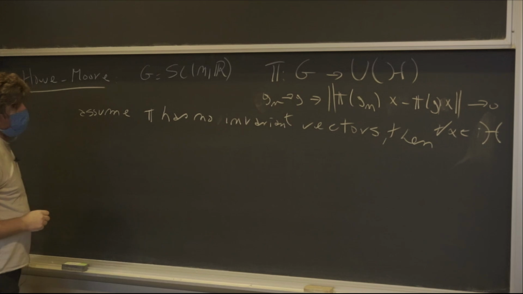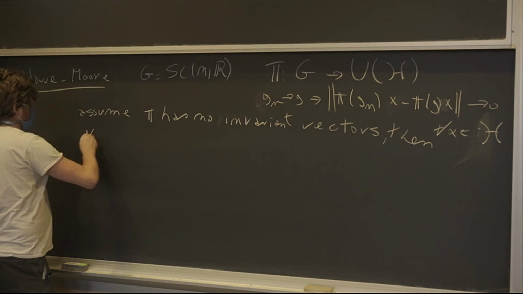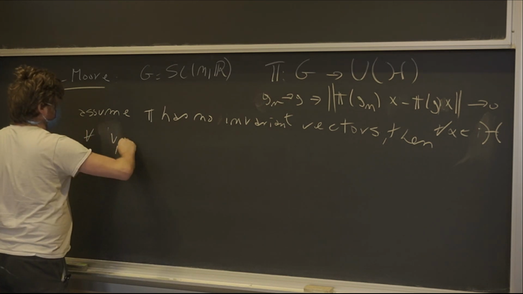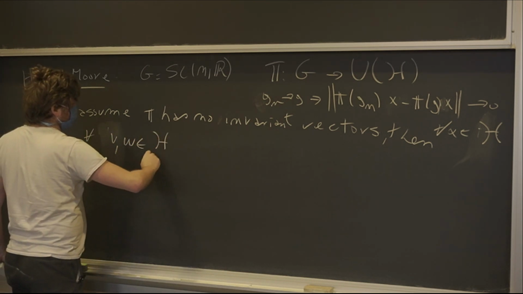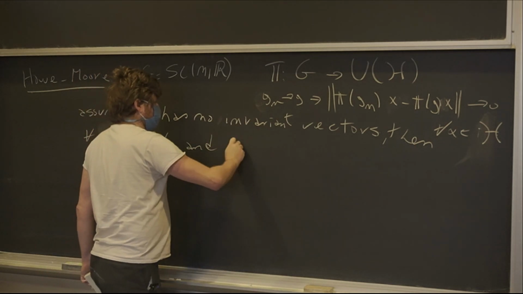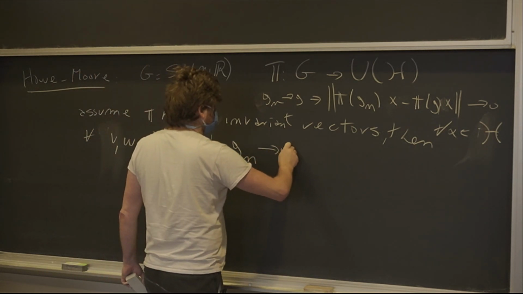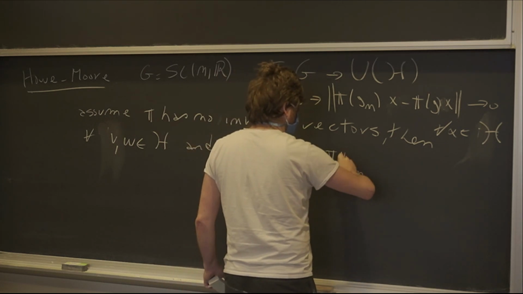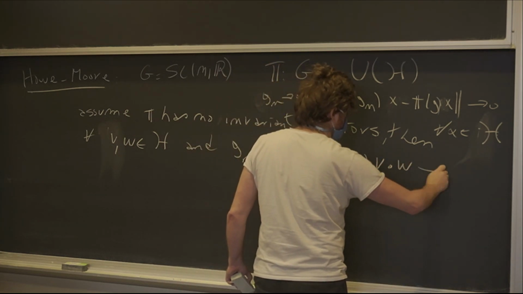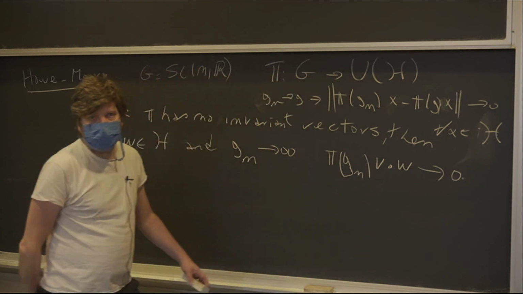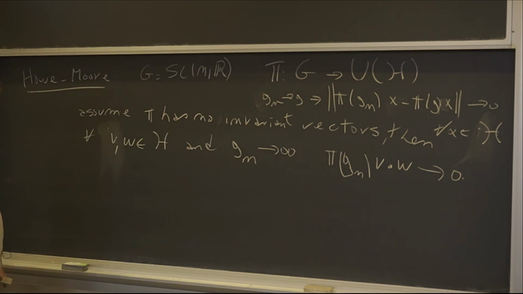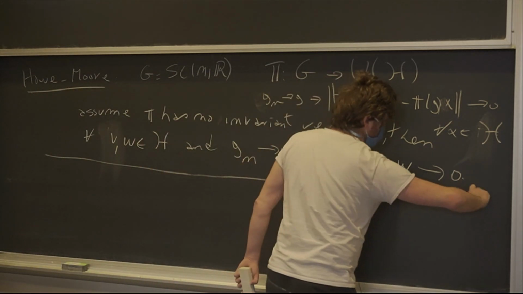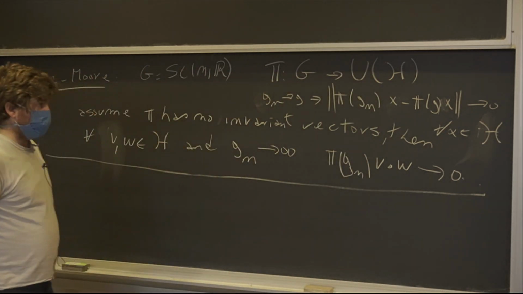Then for every psi or dw in H and Gn going to infinity, pi Gn v dot w goes to 0. Okay, so it's a mixing property, sometimes called decay of matrix coefficients as well, for these guys.